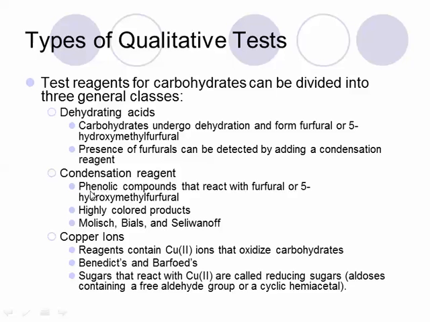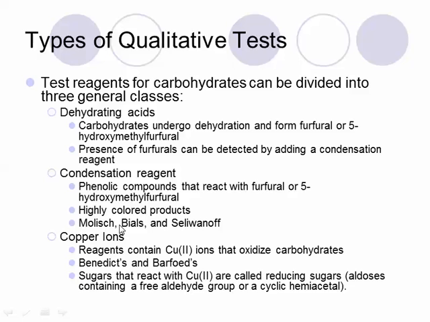The next one up is the condensation reagent. So phenolic compounds react with furfural, or 5-hydroxymethylfurfural. Phenolic is phenol, a benzene ring, an aromatic ring, so something of that nature is going to happen here with the condensation reactions. They produce highly colored products, so these colors are very pretty when you do this qualitative scheme.